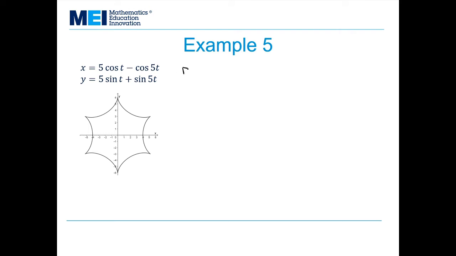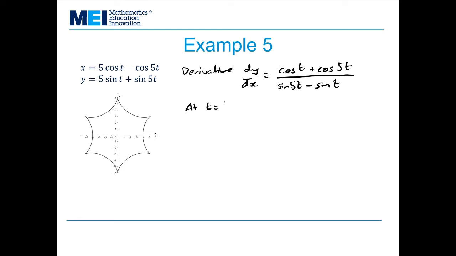So I worked out the derivative in the previous example. The derivative dy by dx was cos t plus cos 5t over sine 5t minus sine t. And we checked what happened at the point t equals pi by 6, and we got that x was equal to 3 root 3, y equal to 3.